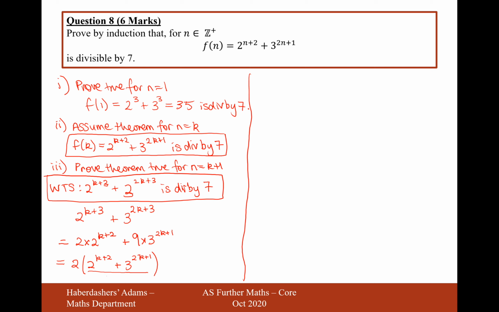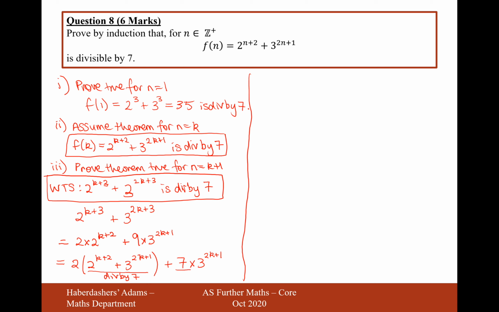So this thing here is divisible by 7. But it's not equal to the line above, because if I expand the brackets, I'll get the first term fine, but I'll only get 2 lots of this 3 to the power of 2k plus 1. But I don't want just 2 lots of this expression at the back, I want 9 lots of this expression at the back. So therefore I need 7 more of this power of 3 to the power of 2k plus 1.